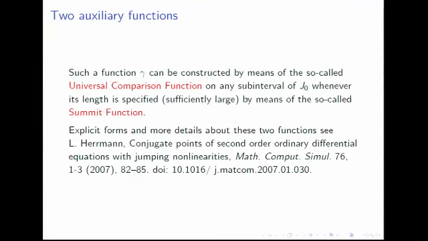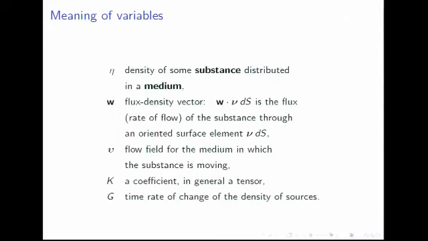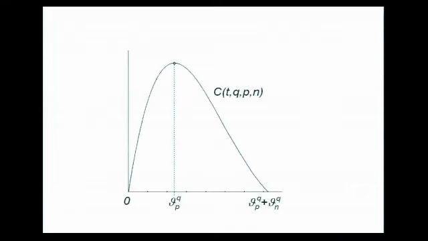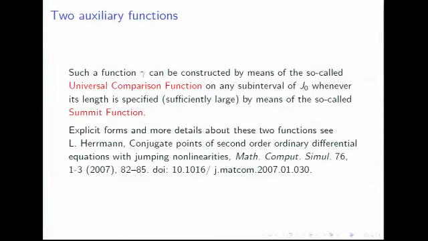Such a function gamma can be constructed by means of the so-called universal comparison function on any subinterval of J0 whenever its length is sufficiently large, namely greater than the oscillatory time, by means of the so-called summit function.